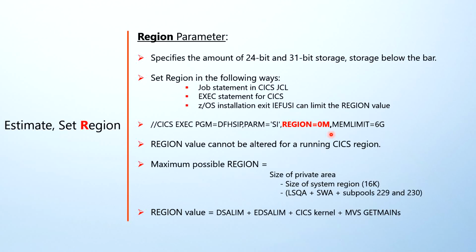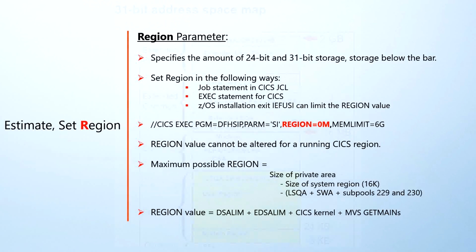So yeah, if you have too many regions and you cannot invest time in tuning the region size of every CICS region, you can choose that path. But if you can, better try to code a specific value to your region parm in the CICS region JCL.